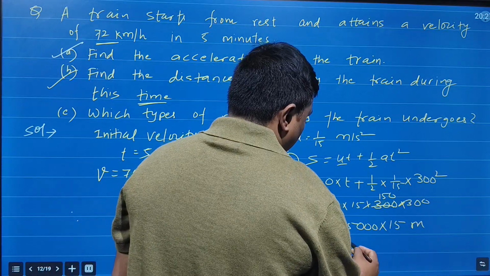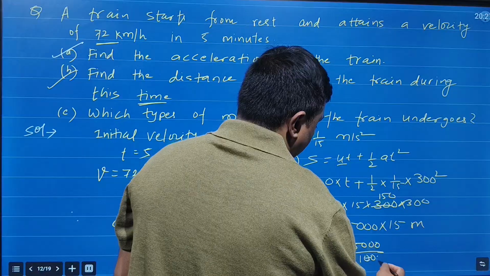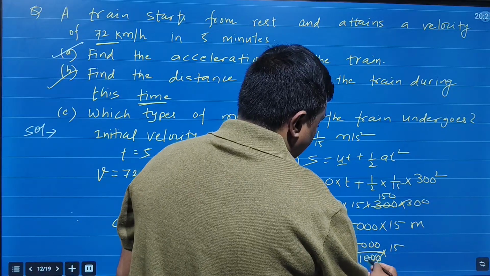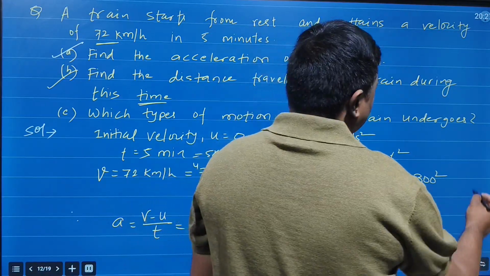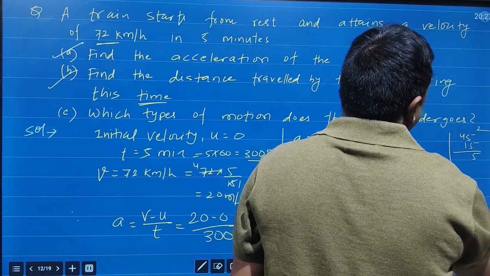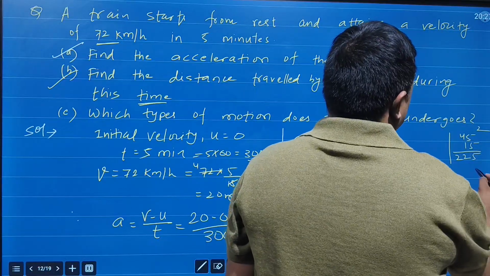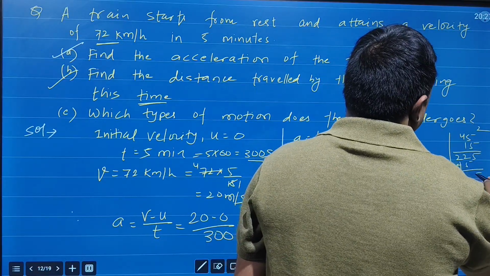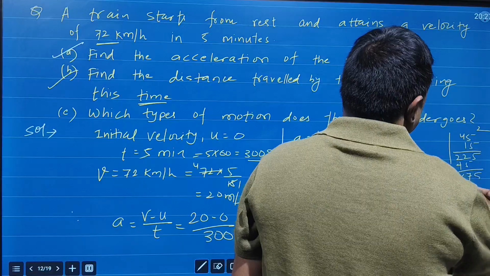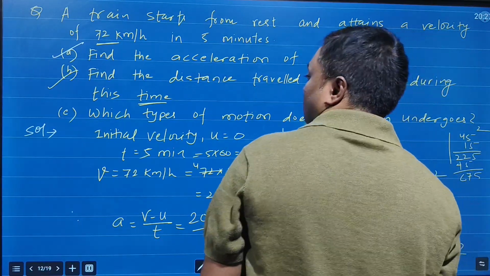So 45,000 divided by 1000 into 15. So 30 will cancel, and 45 into 15 you will get the answer. 5 times 5 is 25, balance is 2. 5 times 4 is 20 plus 2, 22. So we will get, I think, 675 kilometer.